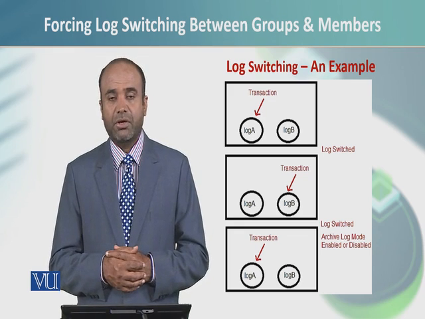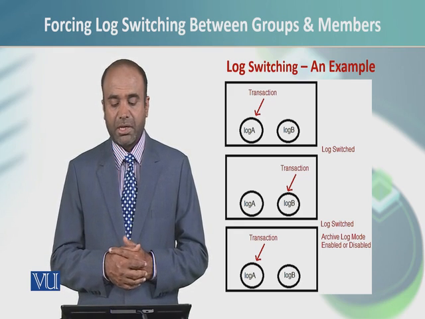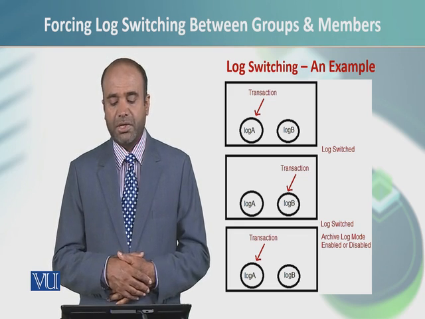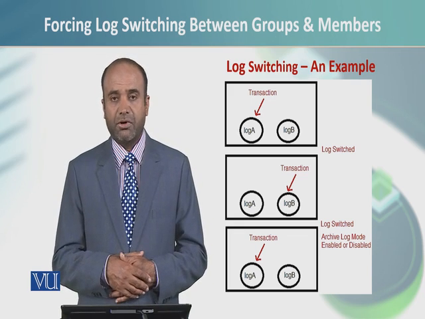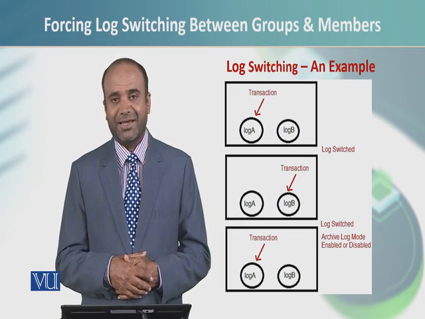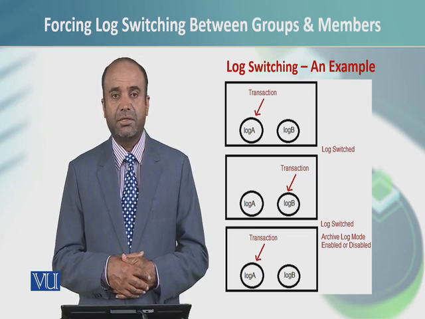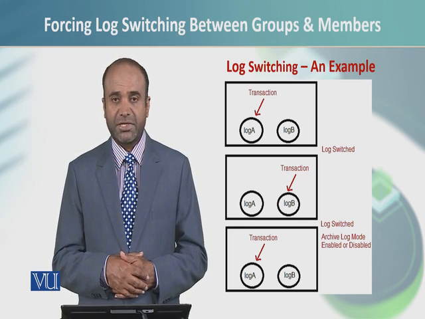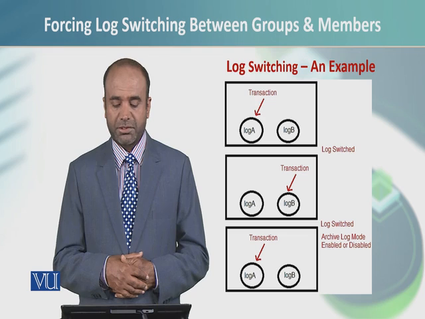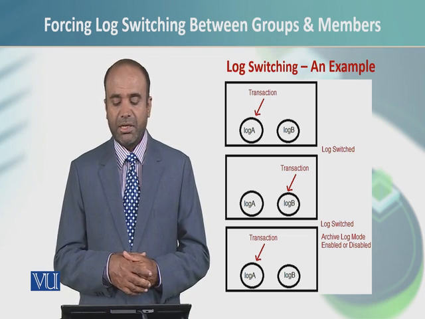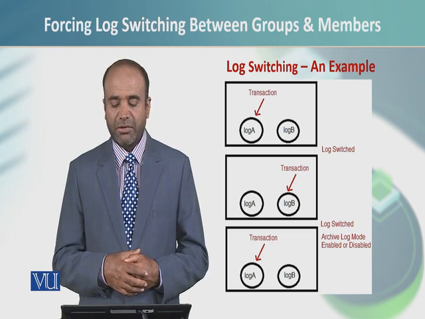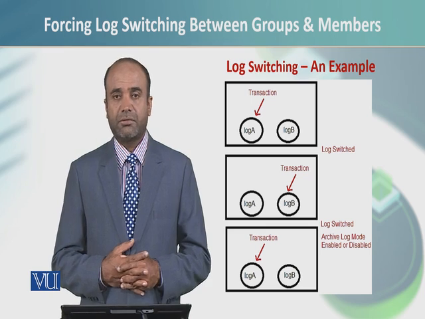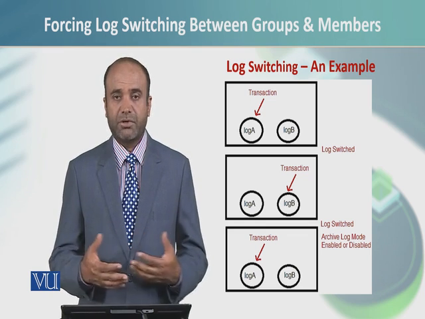When a log switch, or an automatic log switch, is performed, log A becomes inactive and log B becomes active, and the transactions start saving in the second box. In the third box, again a log switch is performed. Archival log enabled or disabled depends on the situation, so that data to be overwritten is saved before it is overwritten.